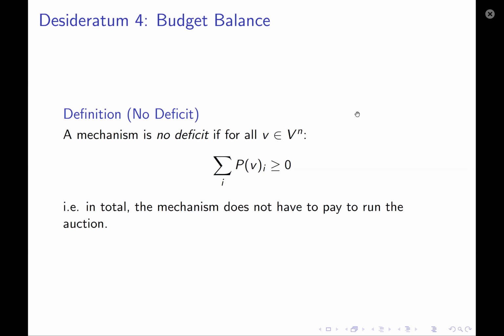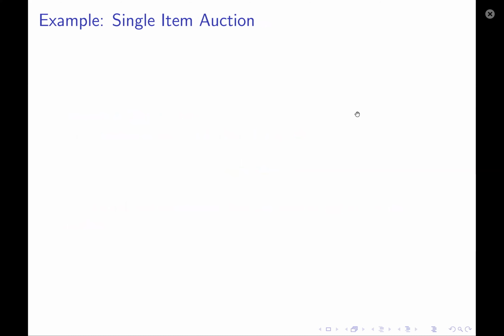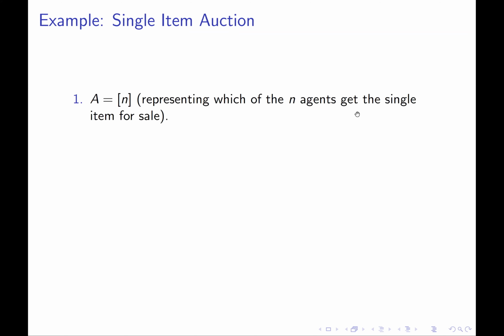Okay, so let's go through a simple example to just get our minds on the same page. And it's maybe the canonical mechanism design example, a single item auction. Okay, so again, imagine I've got one remaining roll of toilet paper, and what I want to do is give it to the person who wants it the most.